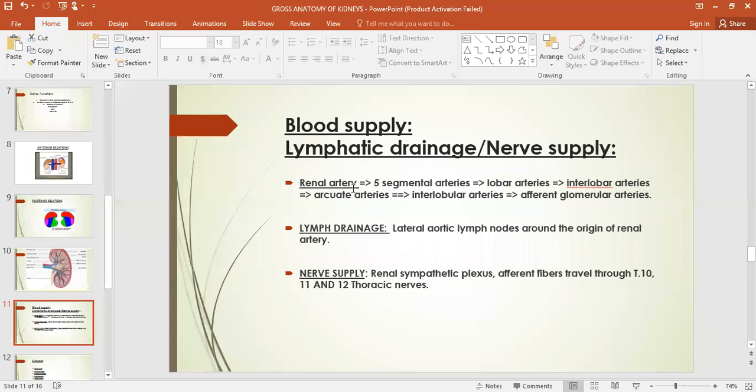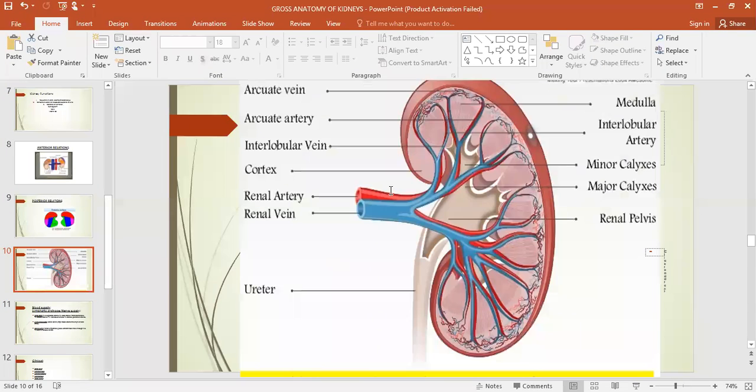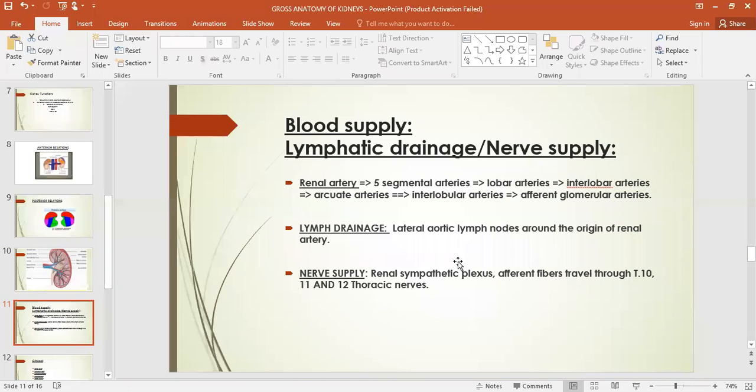The renal artery divides into 5 segmental arteries. Segmental arteries give rise to lobar arteries. Then these divide into interlobar arteries. Interlobar arteries divide into arcuate arteries, and these give rise to interlobular arteries, which form the afferent glomerular arteries.